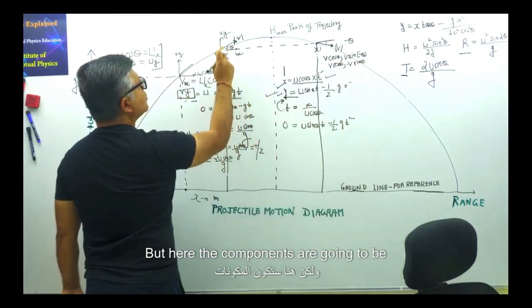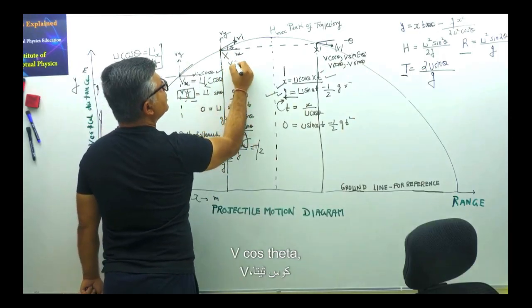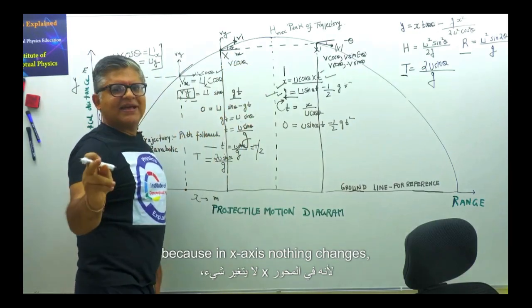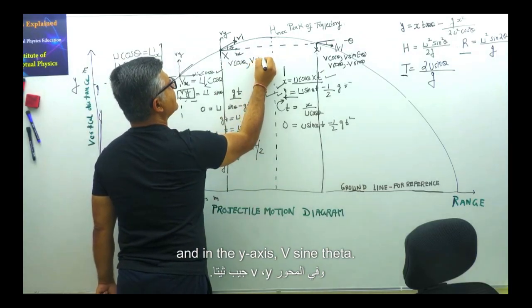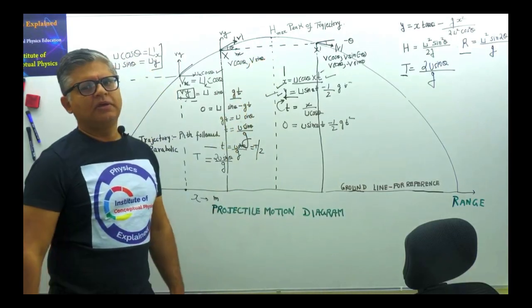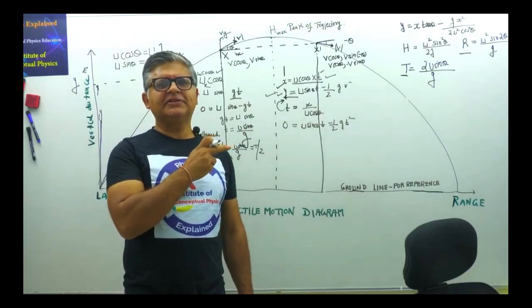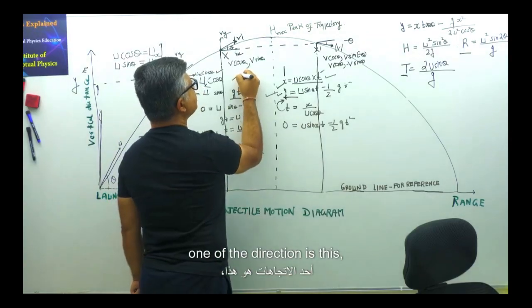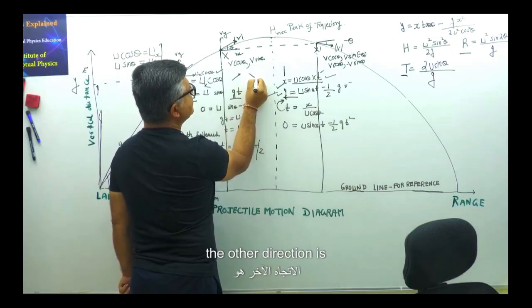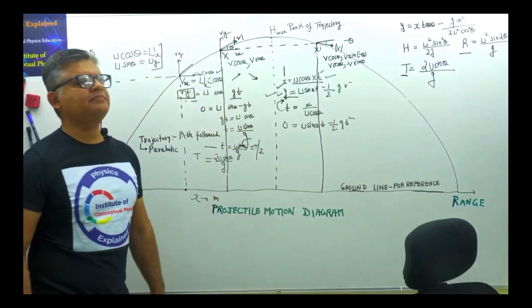But here the components are going to be v cos theta, because in x-axis nothing changes, and in the y-axis v sine theta, right? Identical velocity, direction obviously, if one of the direction is this, the other direction is this.